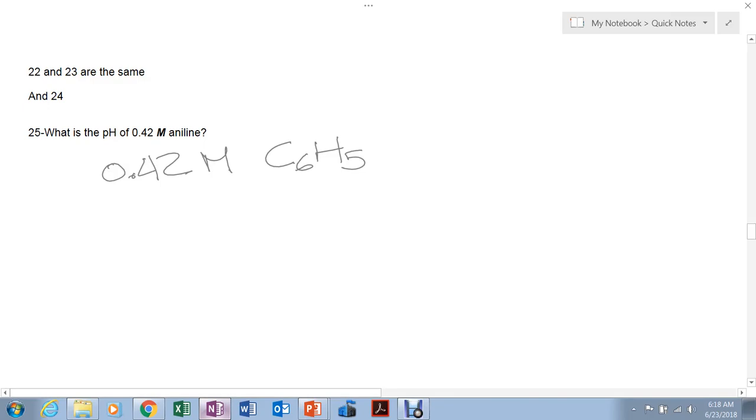Okay, so C6H5NH2. And the Kb for this base is going to be 4.3 times 10 to the negative 10.